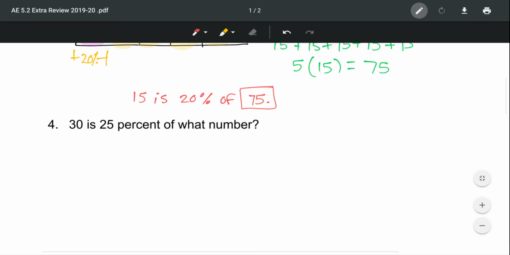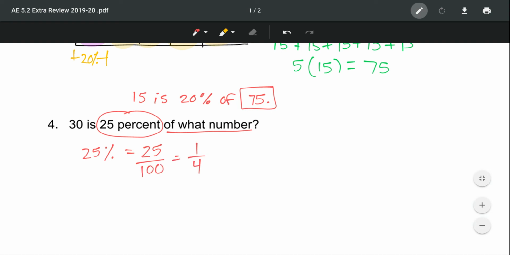Number 4 is very similar. It says 30 is 25% of what number? Let's take 25% and write it as a fraction. 25 over 100 reduces to 1/4. So you're going to break your bar model into fourths.